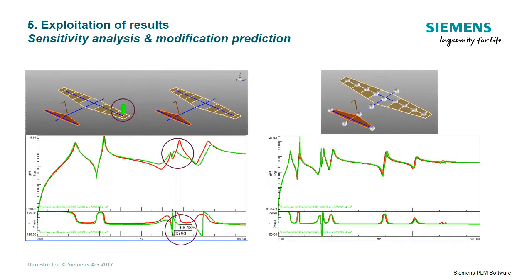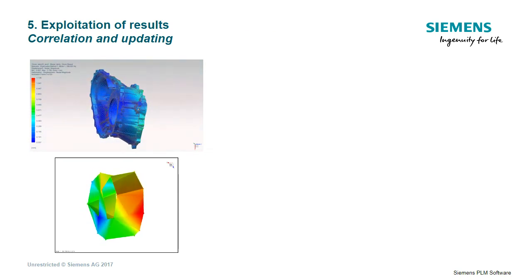Probably the most common use of experimental modal model is to validate and verify numerical models. As we have already seen, modal analysis creates a direct and simple link between test and simulation. Matching the modal parameters is a clear objective to assess the correlation between the physical and numerical results.